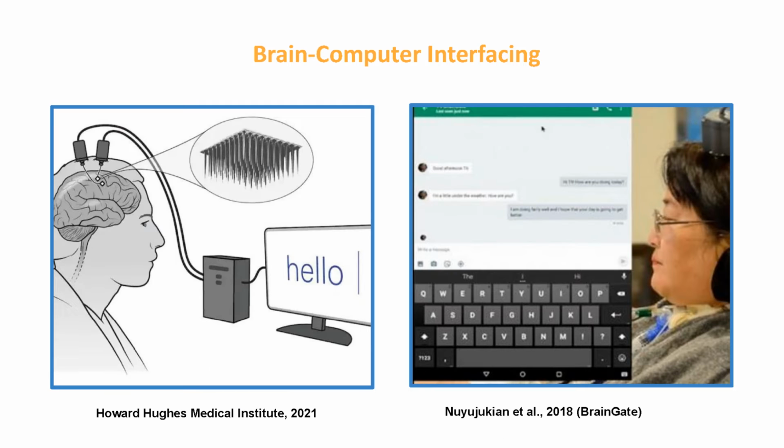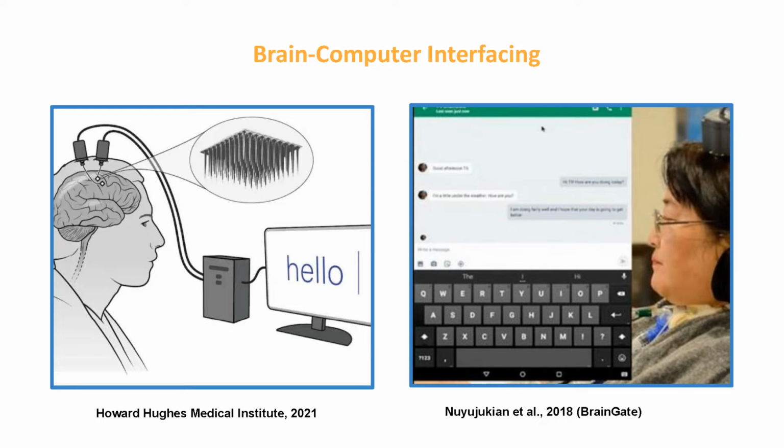And then finally, the one that we usually talk about the most, and I'll give you a bunch of examples of, is brain-computer interfacing. So this is where you are using brain signals to actively try to control something external to you. In both examples, someone is trying to type.